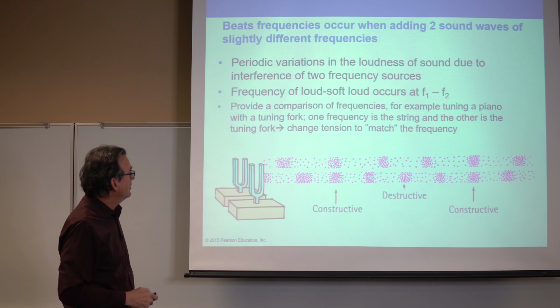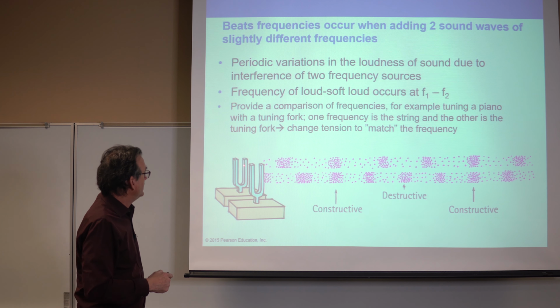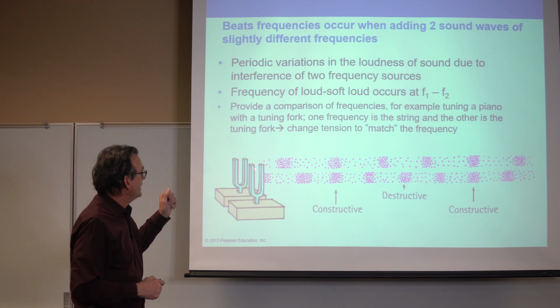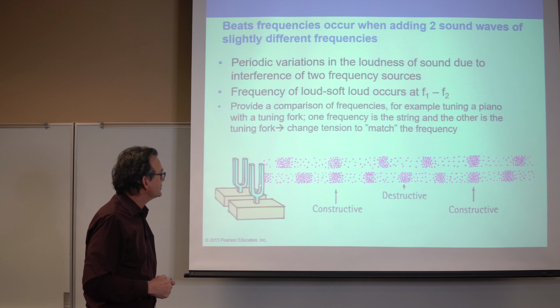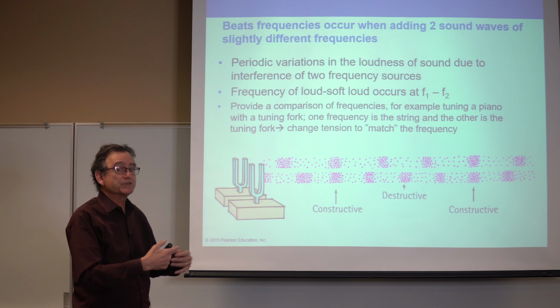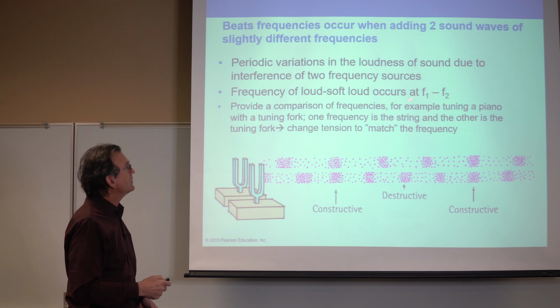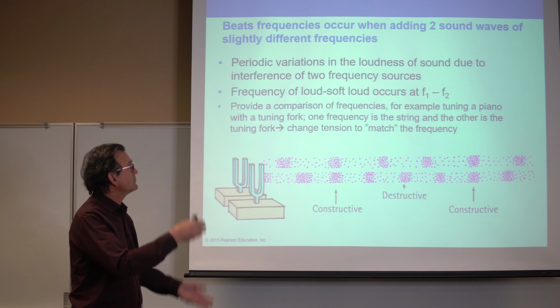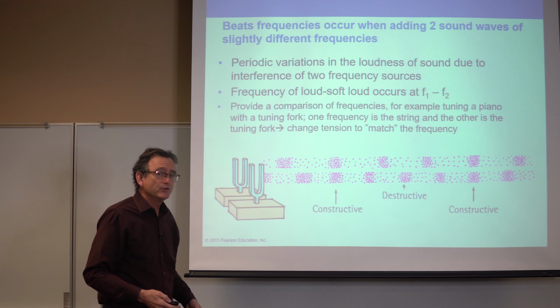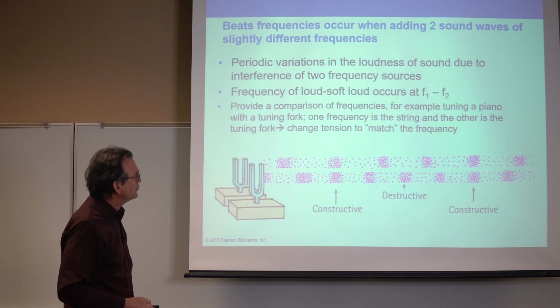They disappear when the frequency of the tuning fork is exactly the same as the frequency of the piano string, which is adjusted by tightening it. So when that occurs, the beat frequency goes away. f1 is equal to f2, so there's no loud, soft, loud at this low frequency, and we can use that to actually tune instruments.